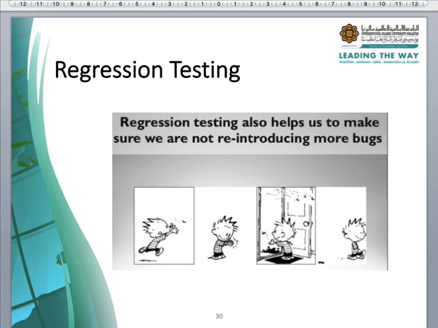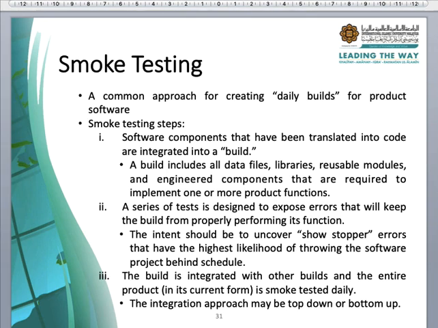Okay, all right. Then we have another type of testing, which is smoke testing. What is smoke testing? Okay, it is a common approach for creating daily builds for product software. Steps of smoke testing. Software components that have been translated into code are integrated into a build. The one that I mentioned earlier, something that you see consists of a cluster of modules.